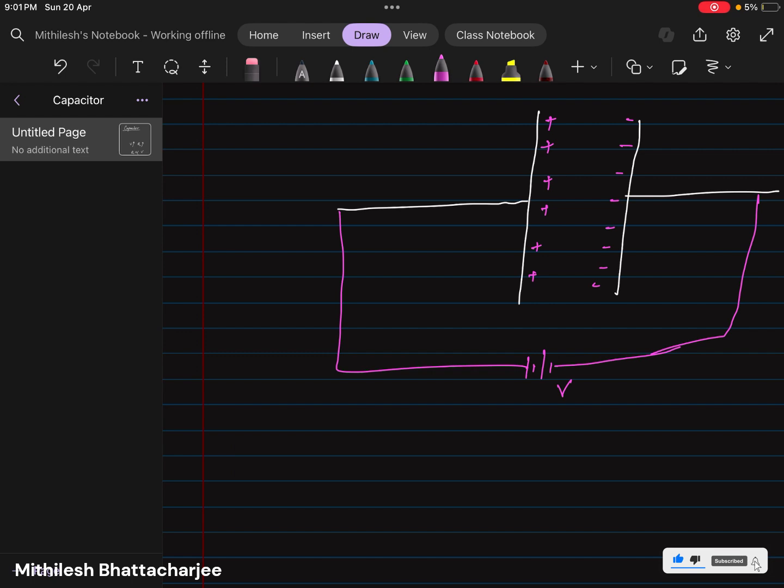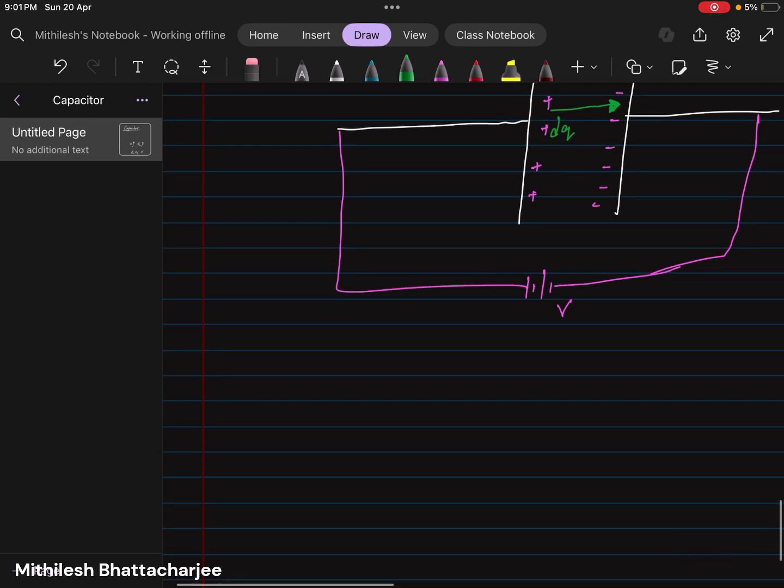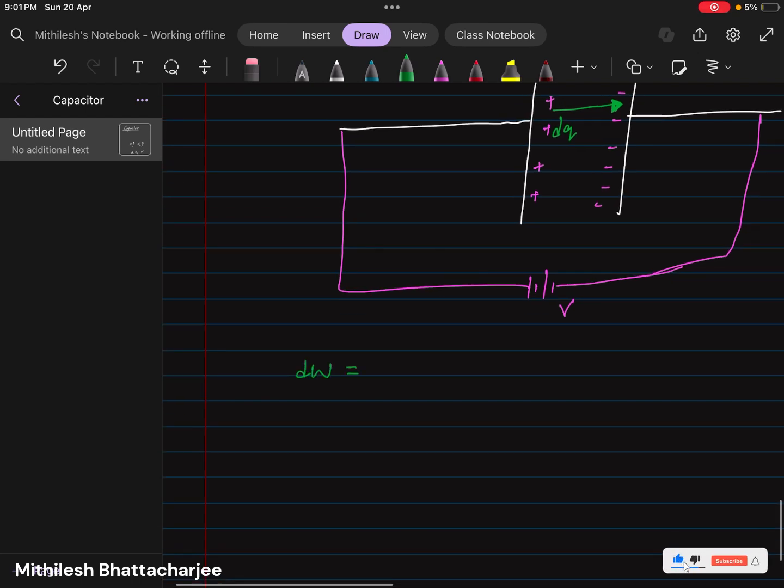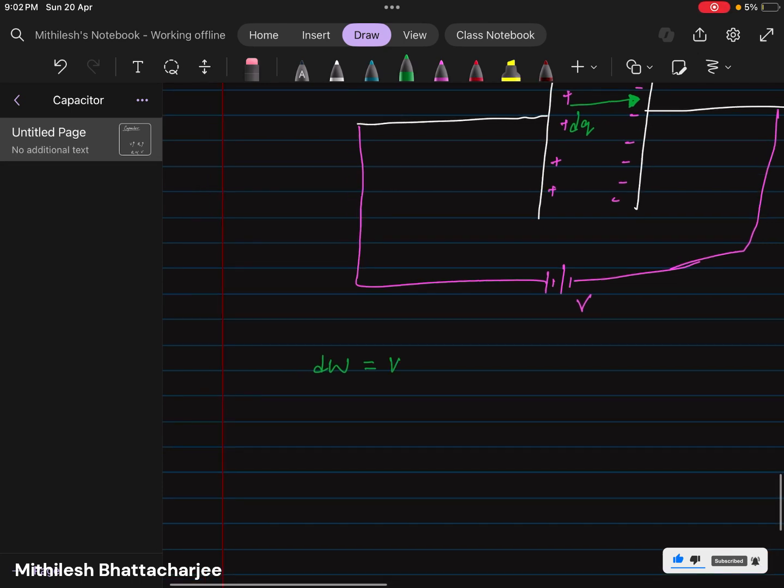Now see, for a small charge of dq, if we move the small charge from positive plate to negative plate, how much work do we have to do? We have to do dW work, which is equal to V into dq. Also we note that q is equal to C into V. So if we put V, then q by C into dq will be the value of dW.